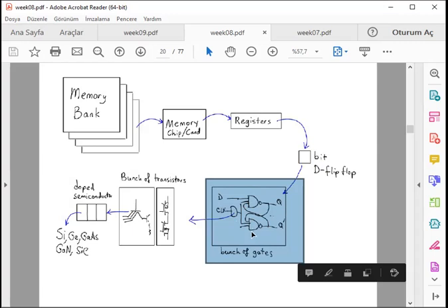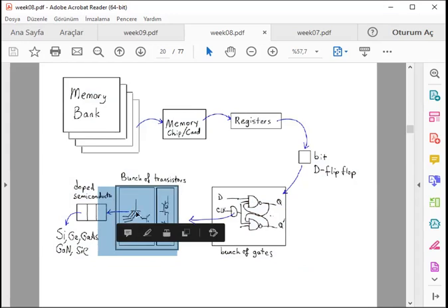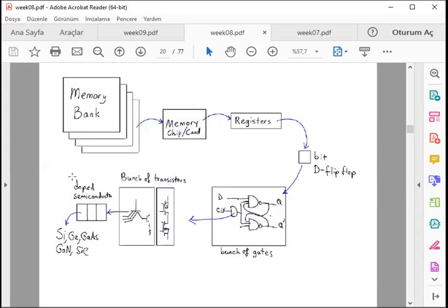Clocked, specially connected NAND gates. Each NAND gate is usually a complementary metal oxide semiconductor or TTL type of logic circuit device.